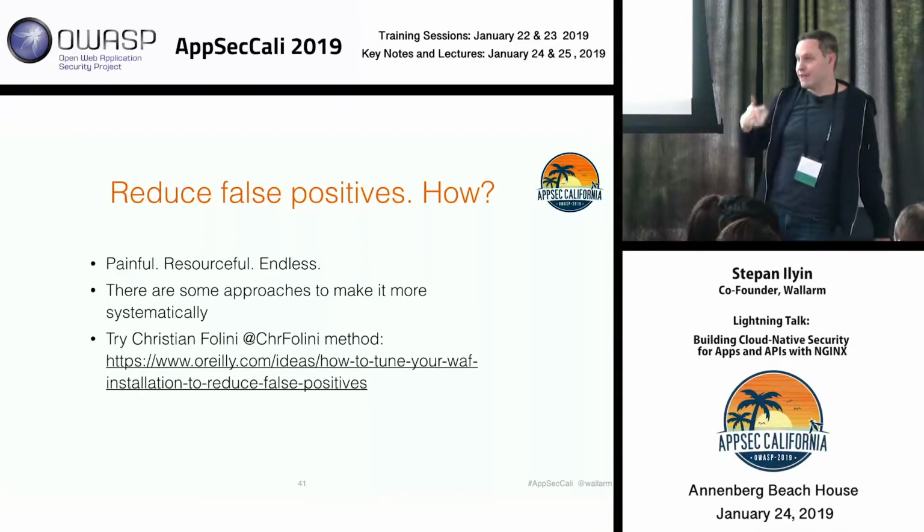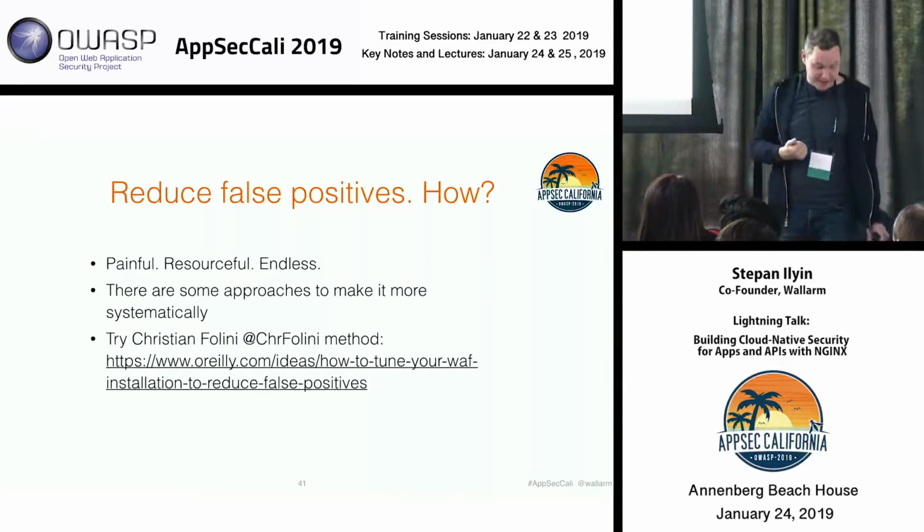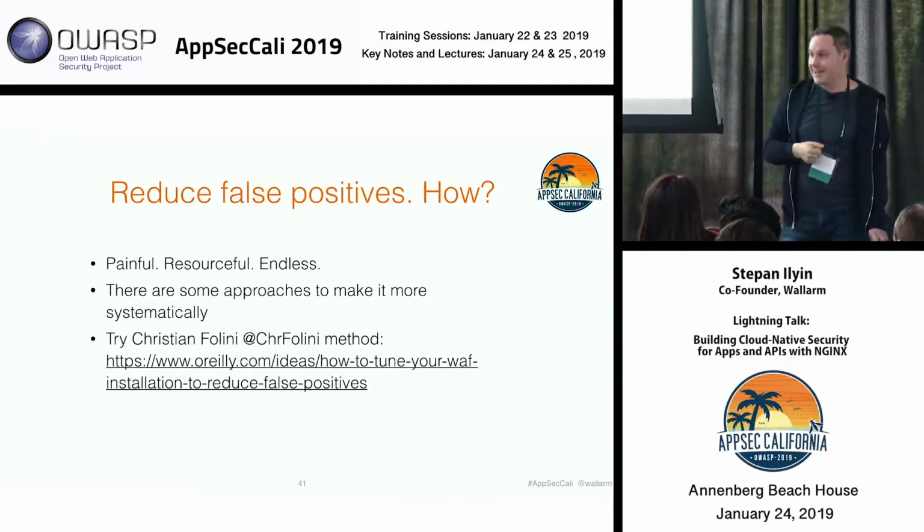And this is a very straightforward way you can step by step reduce the false positives for every particular app. You can read all the details using this link. The bad thing is this process is kind of painful and it's endless. When you update the app, in the worst case you will need to do this once again, and this is not cool.